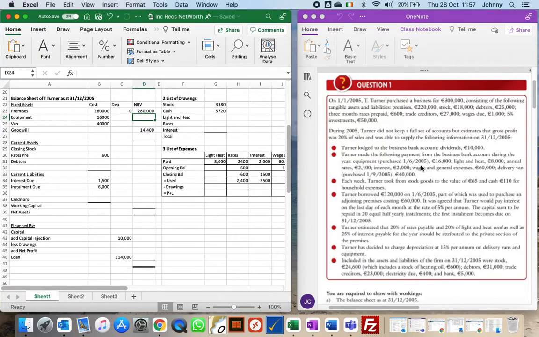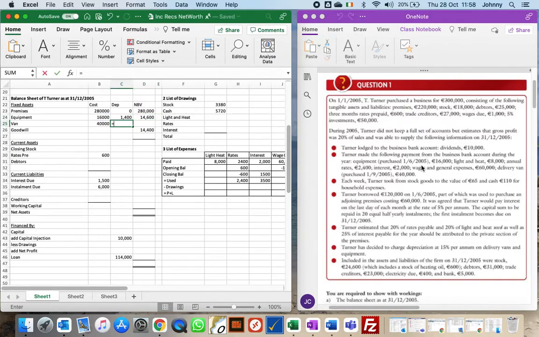I bought it on the 1st of the 6th. So my depreciation is going to be 16,000 times 0.15, which is 15%, times 7/12. I'll subtract that, and that gives me my net book value.